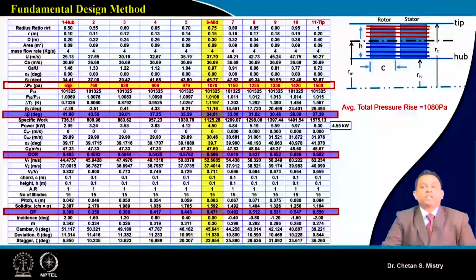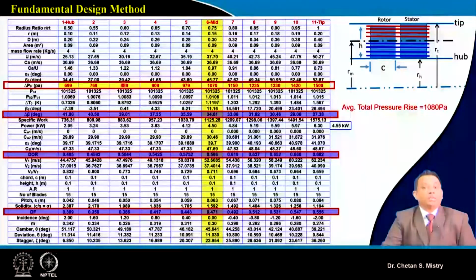Say you put this number at the hub, so you will get your delta beta. Next, I will put numbers such that I have a particular trend for variation of beta 2 or delta beta. Since my beta 1 is a function of Ca by U, we are not finding much change there. Here, this is in our control. That's the reason we need to be very careful in selecting this number.